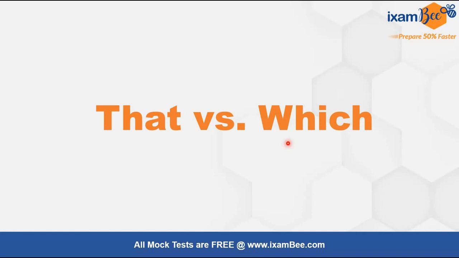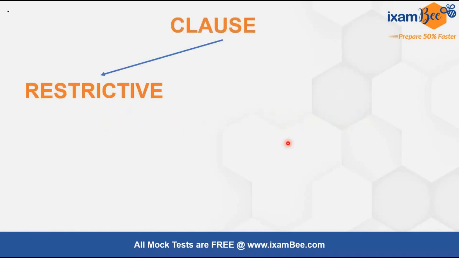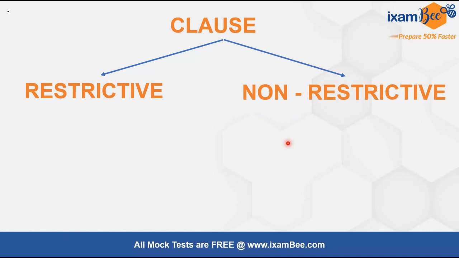But for that, first we should know what a restrictive clause is and what a non-restrictive clause is. A restrictive clause is something that is necessary to make the sentence meaningful, and if we remove it, the sentence may not have any meaning at all, or its meaning will be changed.